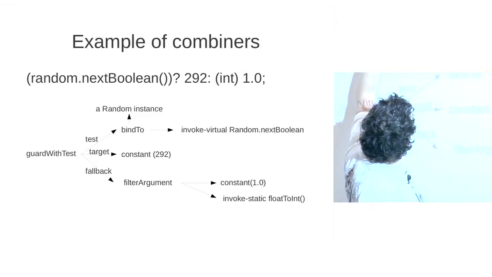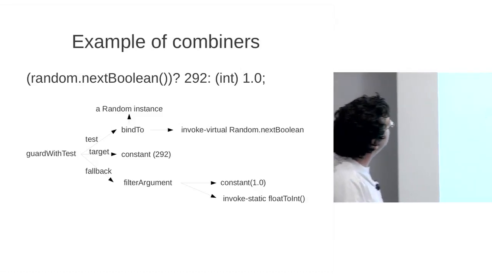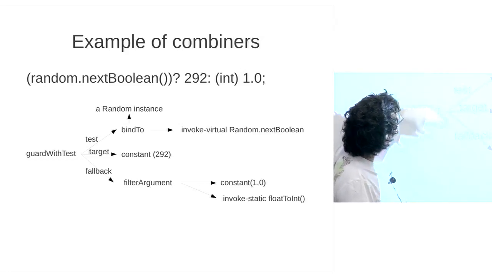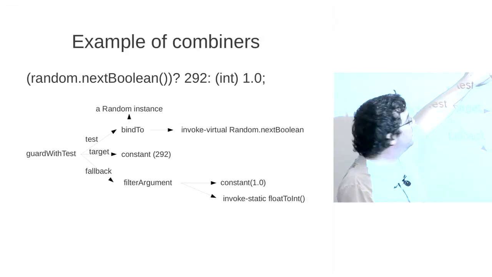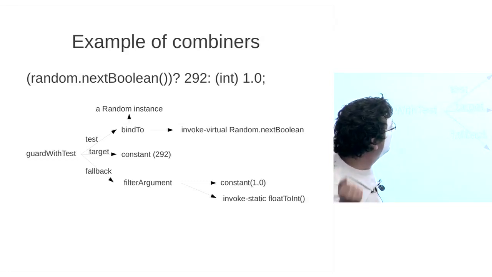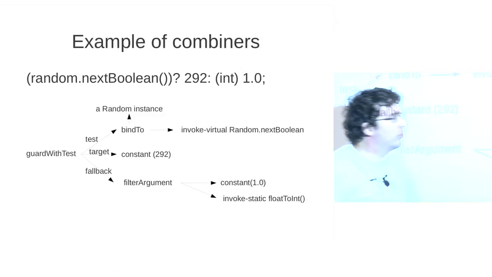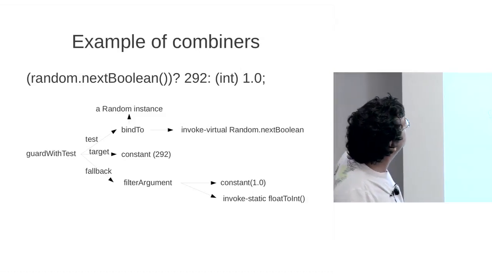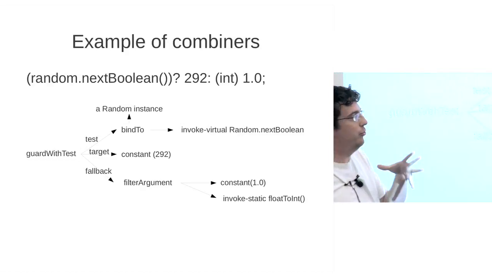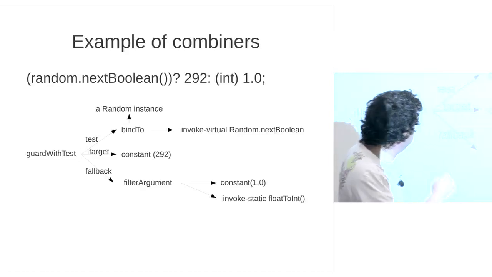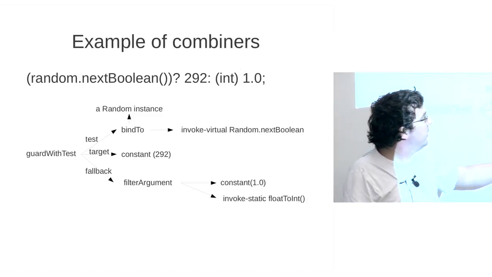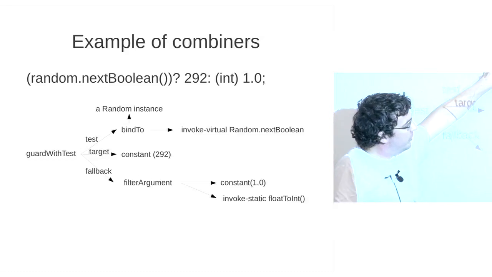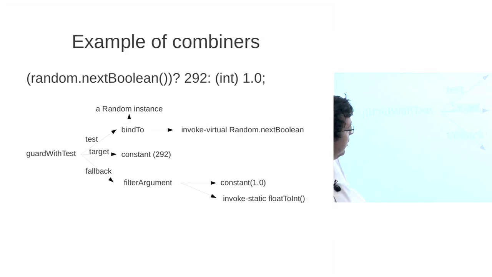The first one is the test, which here uses bind to bind a specific instance of a random object, and next to call nextBoolean on it, which means that the random object is a real true constant here. And you specify 2 MethodHandles: the target that will be called if the result of the test is true, or the fallback if the result is false.